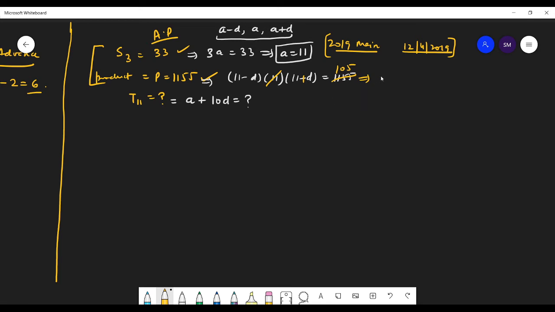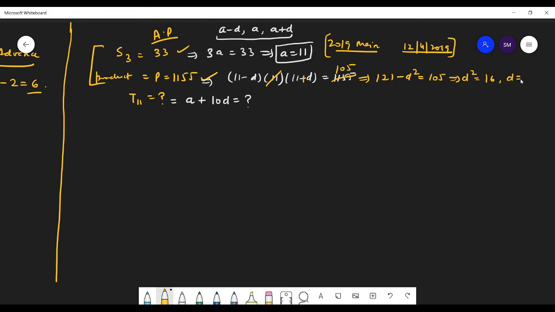So 121 minus d squared equals 105, and d squared will come this side, 105 will come this side, and that equals 16.